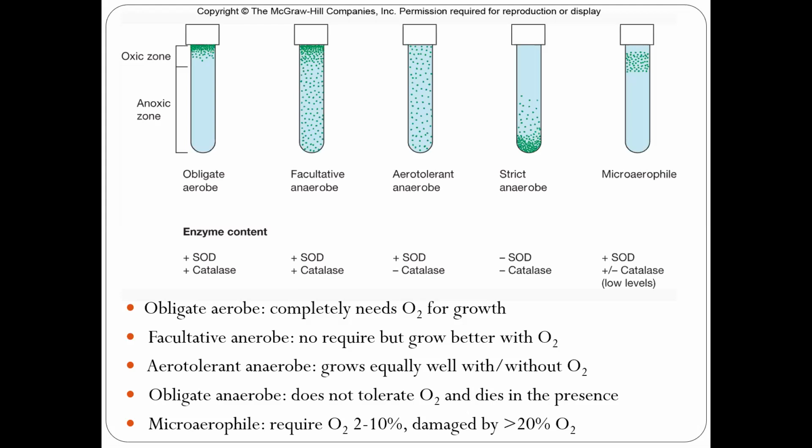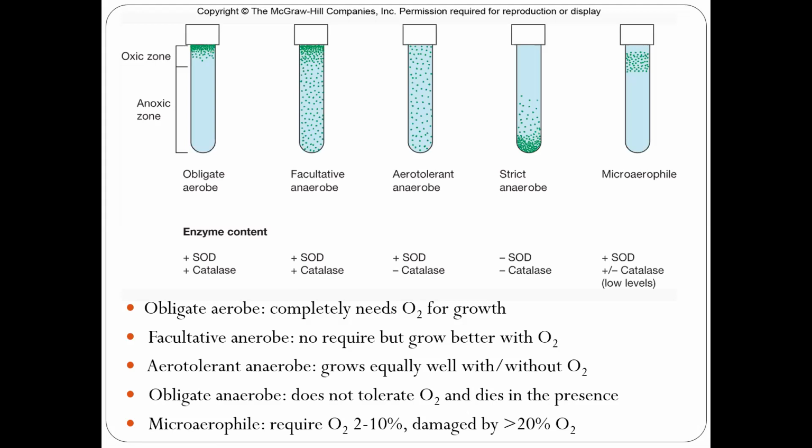Okay, so we talked about the requirements for oxygen. Basically there are aerobes, anaerobes, and facultative. Why they have those three basic categories depends on whether the bacteria have SOD and catalase. The reason is SOD and catalase break down the toxic materials during the metabolic pathway.